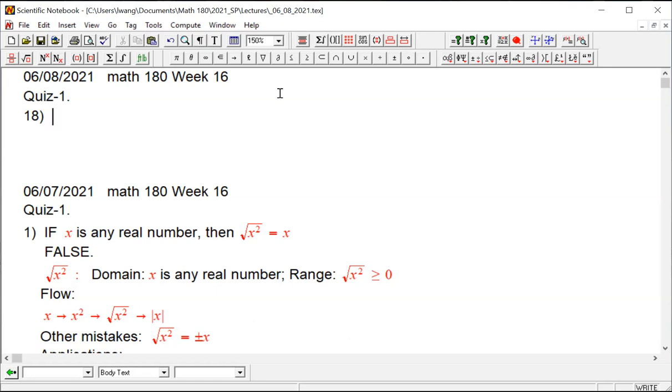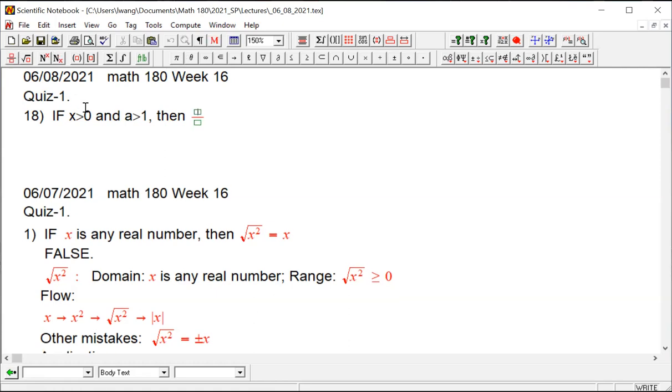It says, if x is larger than 0, and a is larger than 1, so the domain issue is no longer a concern.